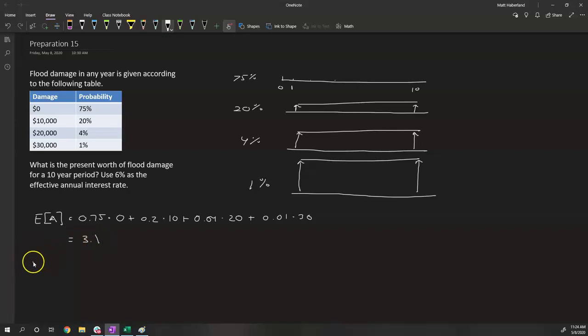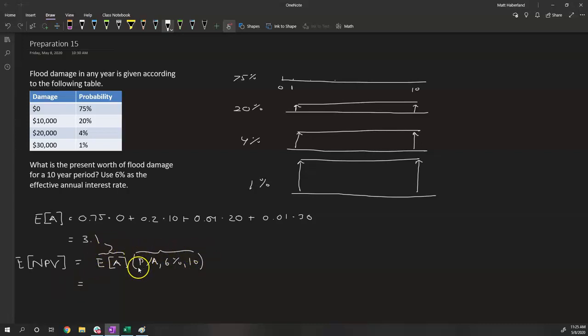And then we can calculate the net present value of that. The net present value of the expected annuity is the expected net present value. So it's the expected value of the annuity. We want to calculate the net present value of that. We get the P over A factor for, we've got a 10-year period and a 6% interest rate. So this here is just that 3.1.